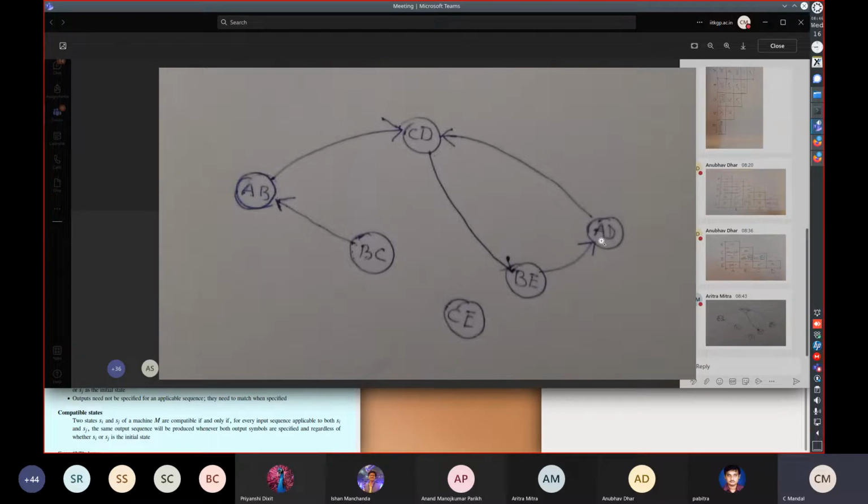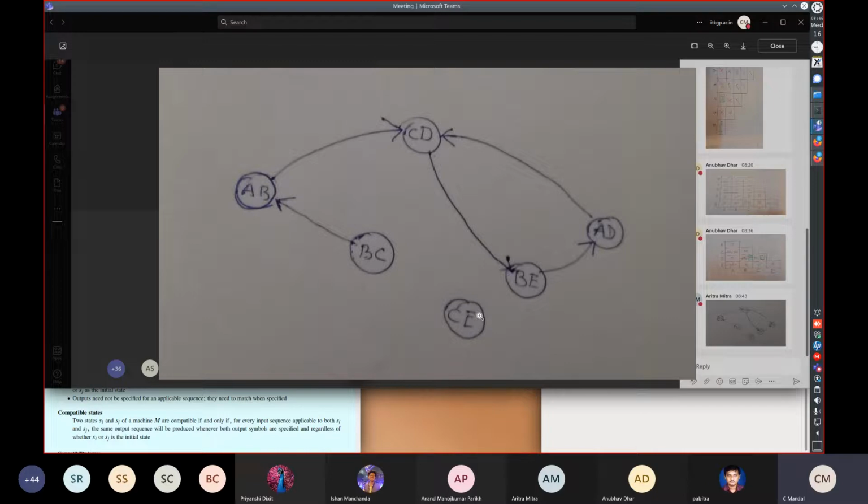Well, the only standalone pair is CE. If you take CD, this is a cycle, so you have to take all of them. So one option is you take CE and you keep the other states singleton. So you just reduce one state. In that case, you'll have 4 states.